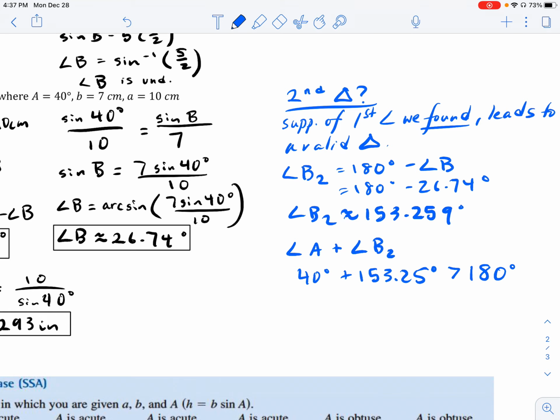The sum of your angles must be equal to 180. That's the triangle sum theorem. It cannot be more than that. And so we're seeing that the given angle plus the other possibility for angle B, which is 153.26 degrees, is already greater than 180. Therefore, we can say confidently that no second triangle exists.